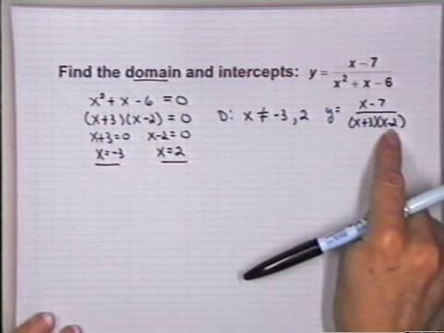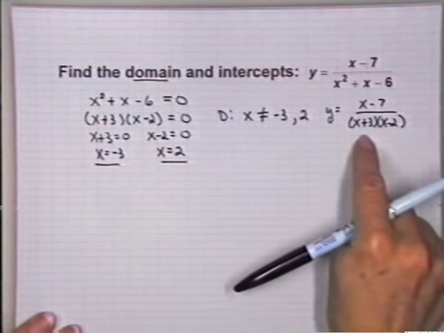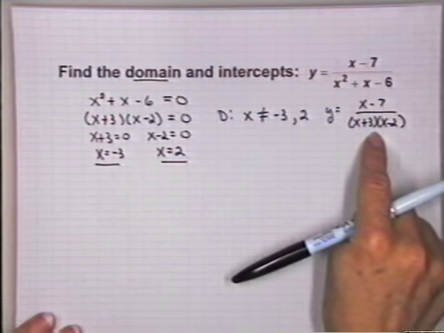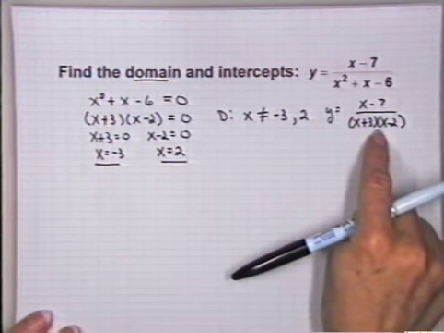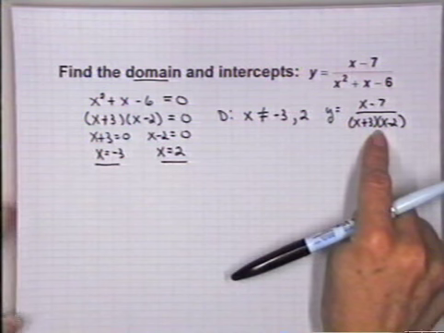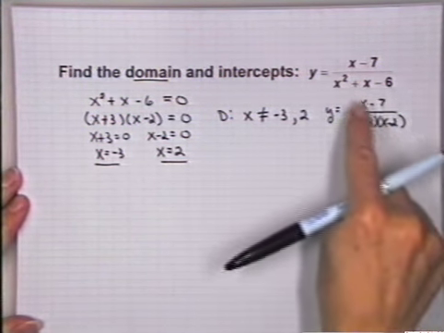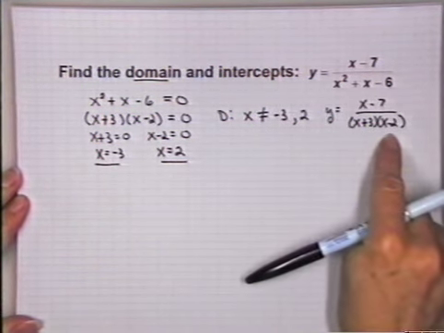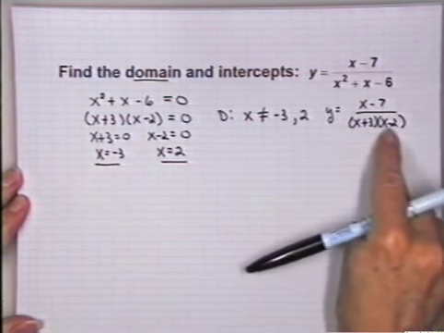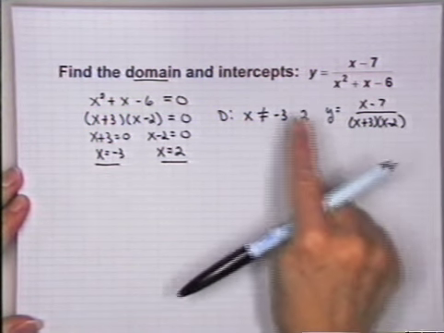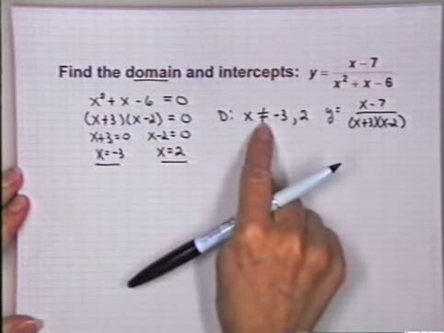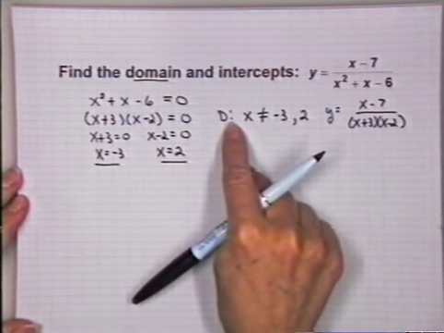Or if I let x be 2, then I get a 0 times something, which I cannot do in this denominator. So this might be a quicker way, and I'll probably do this in the future when we're looking for our domain. If we can factor our denominator, we're going to do that, and then we can easily see the values of x that will make that denominator become 0, and we can exclude those from our domain.